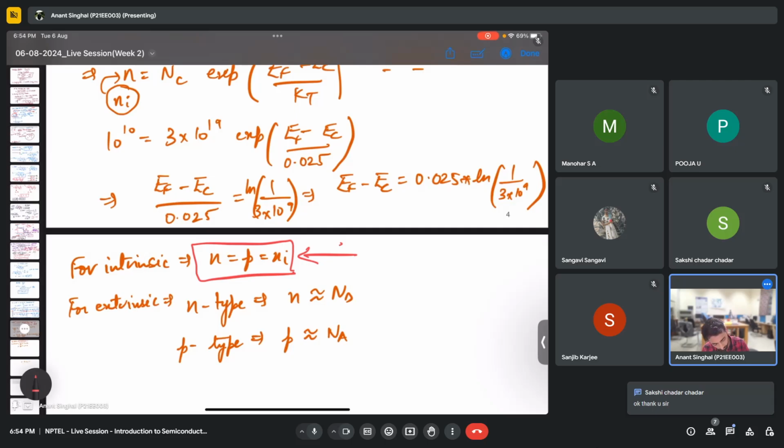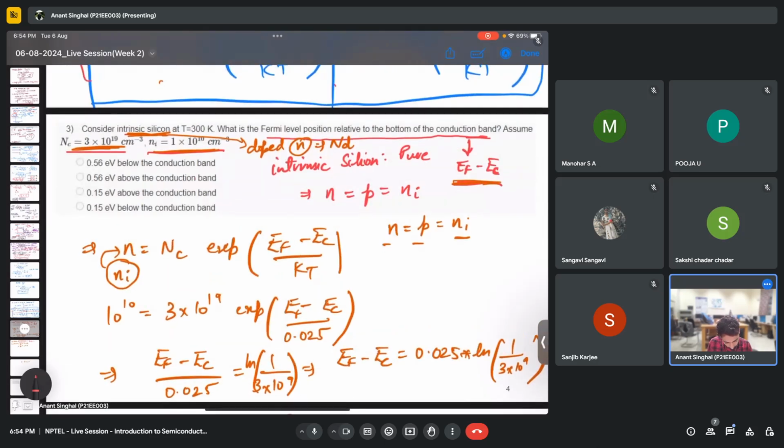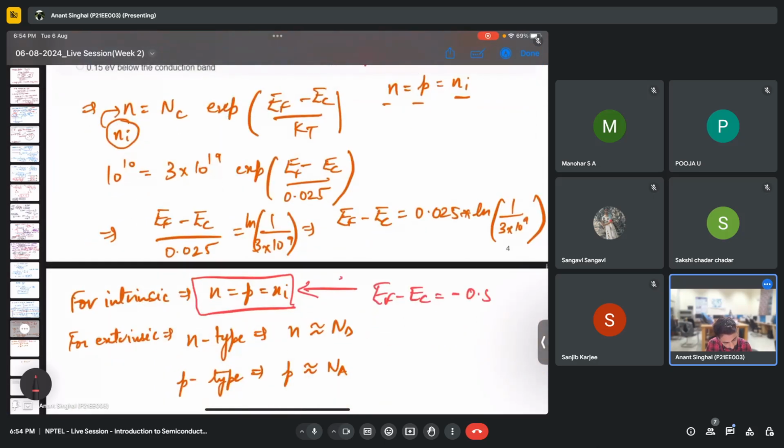Okay. So if you solve this, you'll get EF minus EC as, I guess, minus 0.56. And that will give you EC minus EF as a positive value of 0.56. What it is trying to tell is, let's say we have EF, and EC is here, so this difference is 0.56.